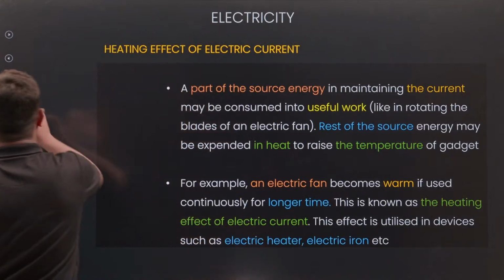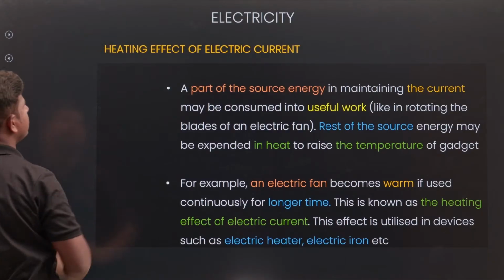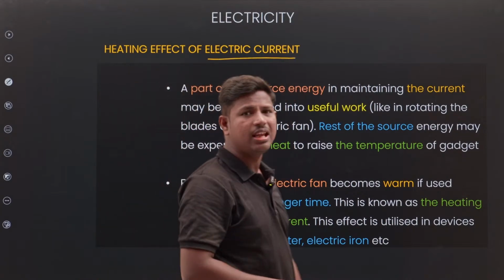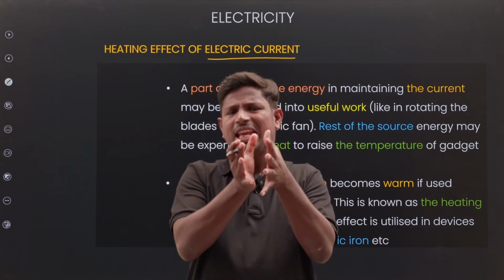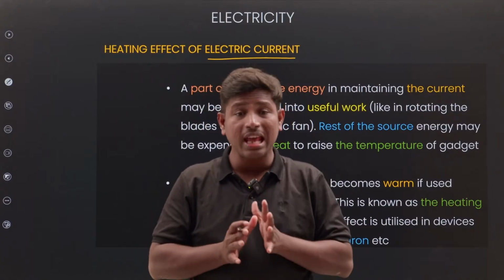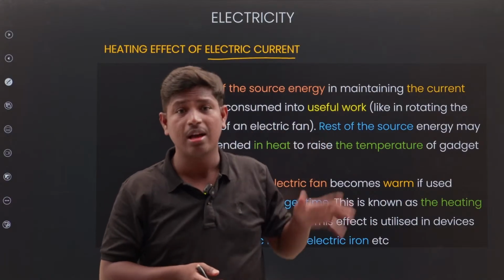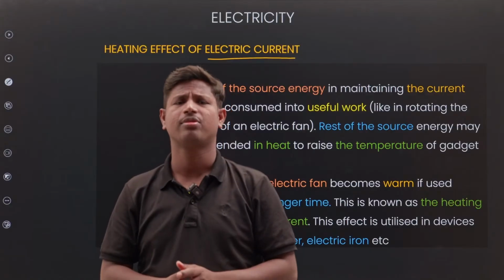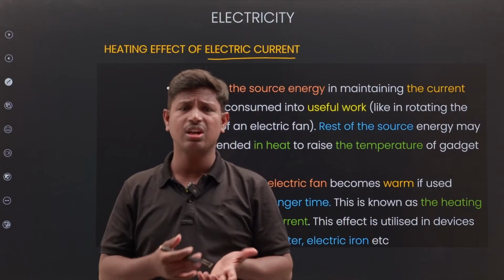Next. What is the next topic? Heating effect of electric current. See, if you take any electronic devices like a fan, or bulb, or mobile or laptop, or TV, if it works continuously, what happens?